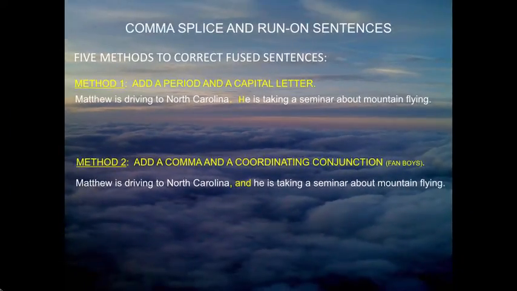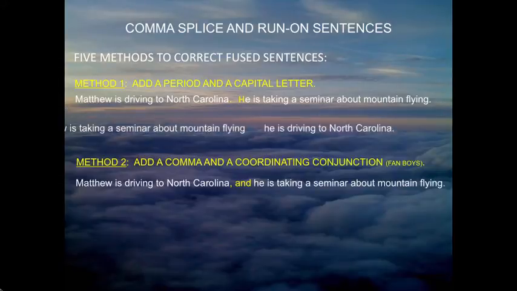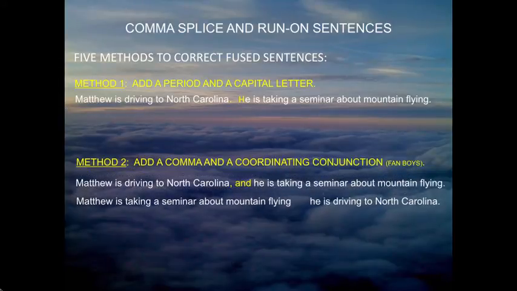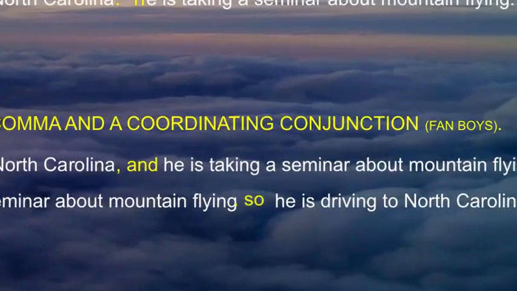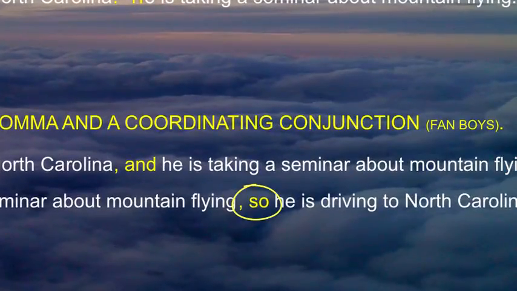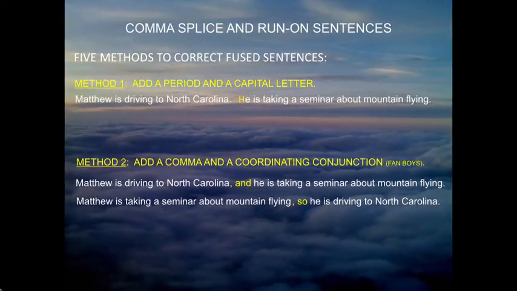At times, you can use a different coordinating conjunction to slightly change the relationship between the two sentences. For example, "Matthew is taking a seminar about mountain flying, so he is driving to North Carolina."